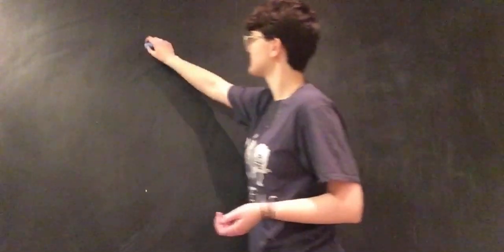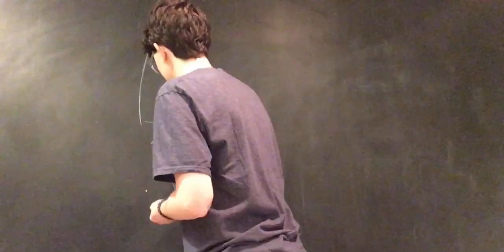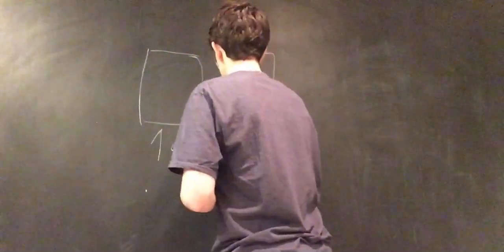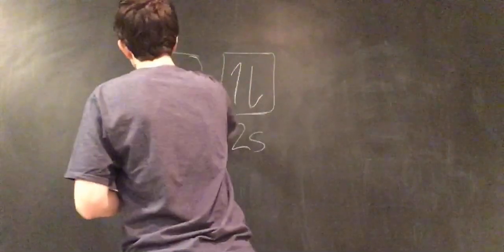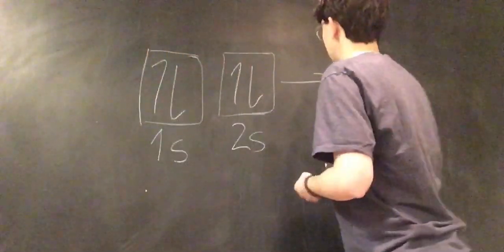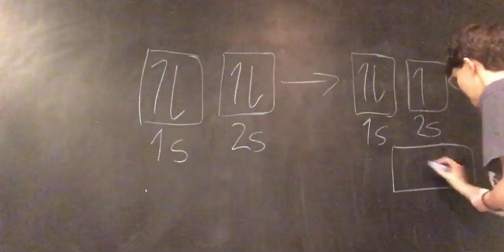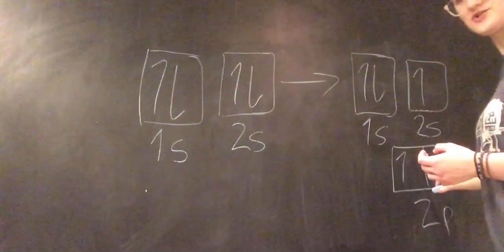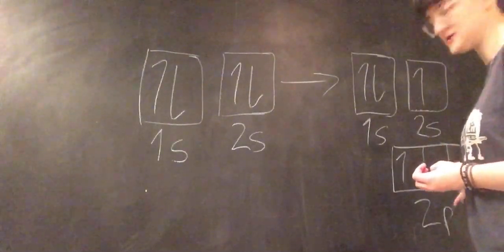During the process of hybridization, it starts where one of the electrons on an s orbital is promoted to a p orbital, which then leaves two unbonded electrons, allowing for the formation of two bonds.